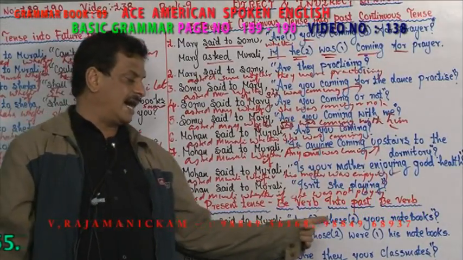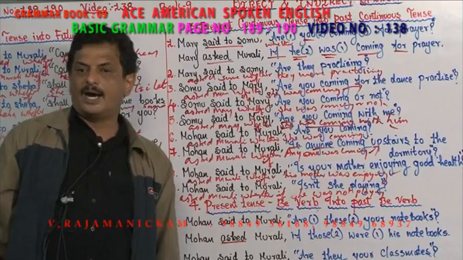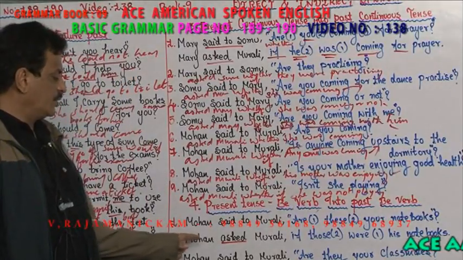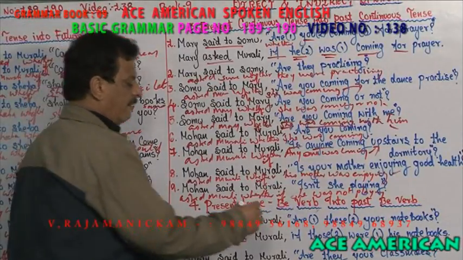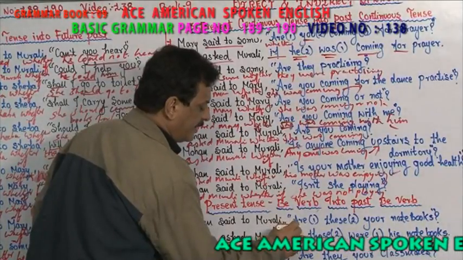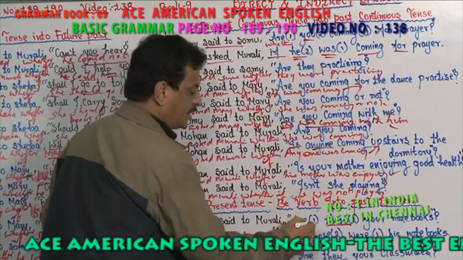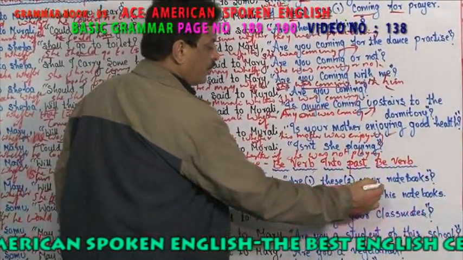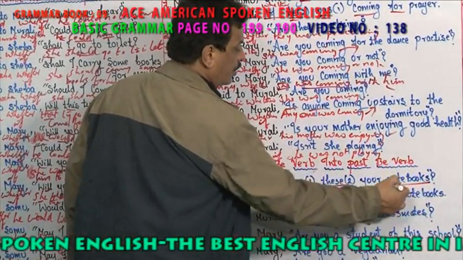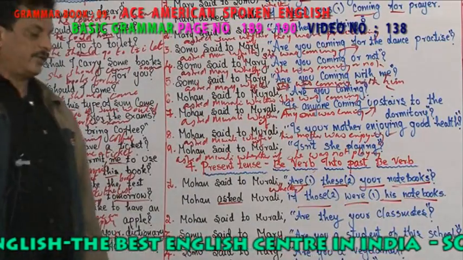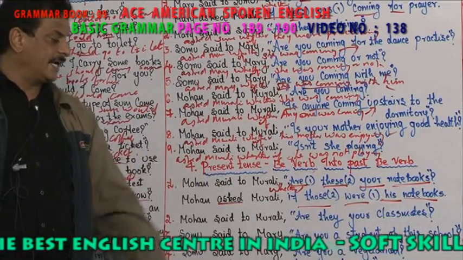Mohan said to Murali, "Are these your notebooks?" So it changes into Mohan asked Murali whether or if those were his notebooks. These changes into those, are changes into were, your changes into his. Got it, sir? Now coming here, Mohan said to Murali, "Are they your classmates?"